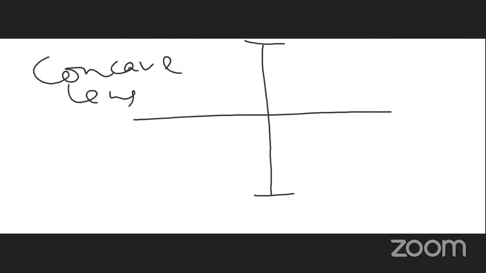Is that okay? That shows it is a concave lens, which is a diverging lens, because it diverges light rays. Or we can have it like this.